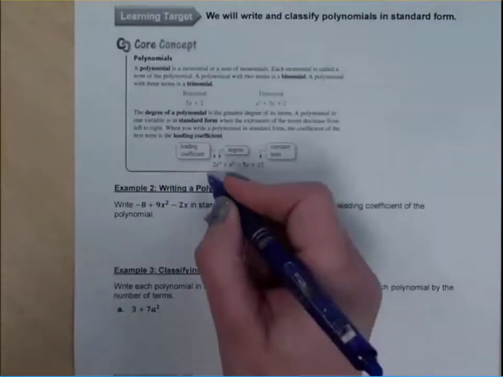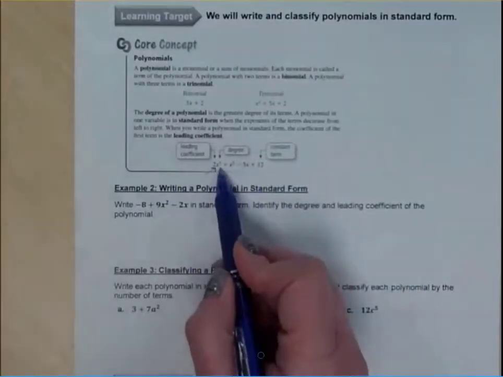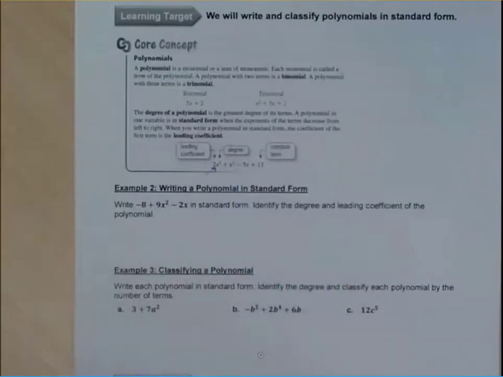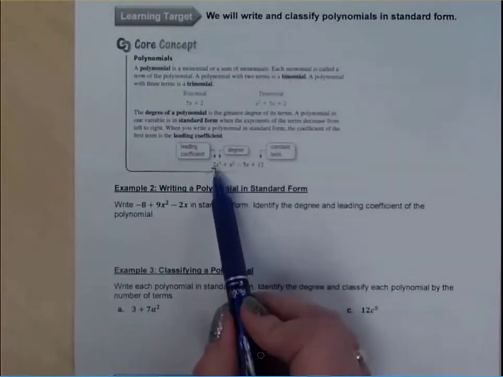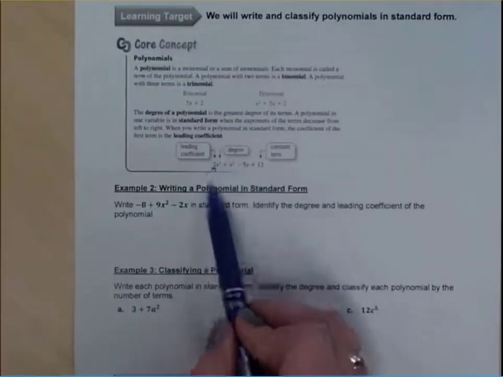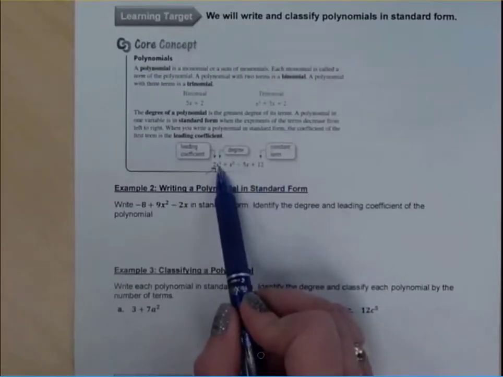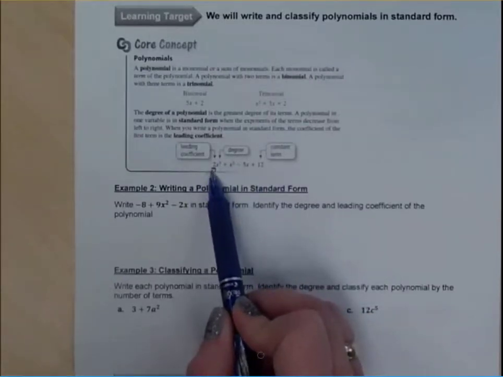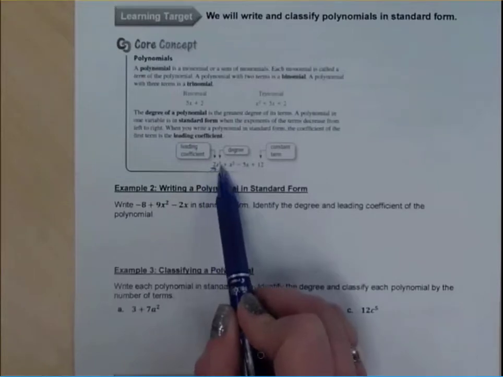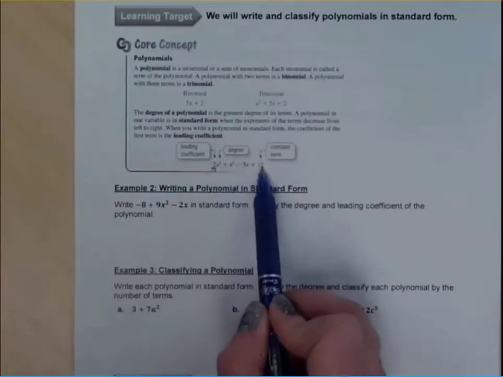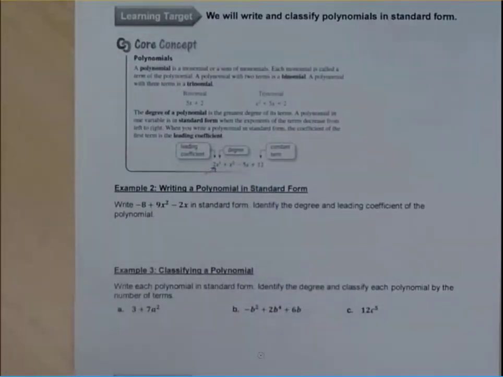Now, the leading coefficient is the number in front of that variable with the greatest degree. So the degree of this polynomial is 3. The leading coefficient is 2, and since there are 1, 2, 3, 4 terms, this is considered a polynomial.